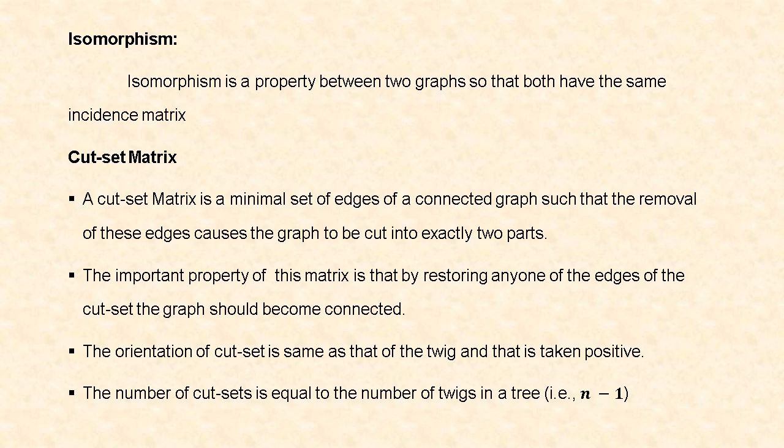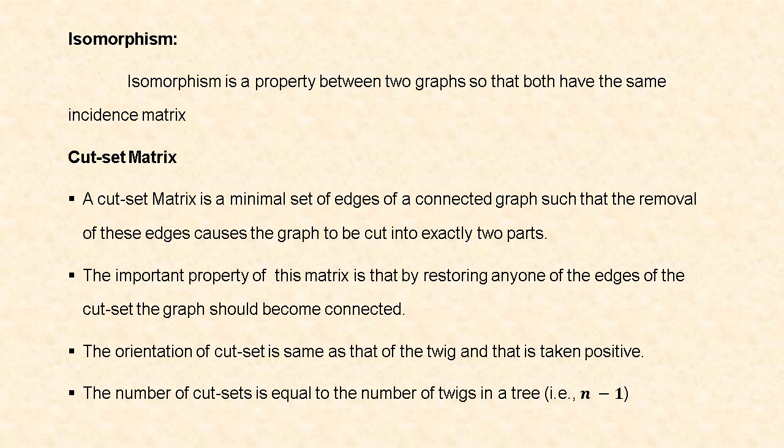Next is cut-set matrix. A cut-set is a minimal set of edges or branches of a connected graph such that the removal of these edges or branches cuts the graph into exactly 2 parts. An important property is that by restoring any of these branches, the graph should become connected.